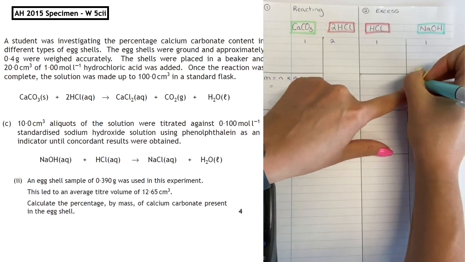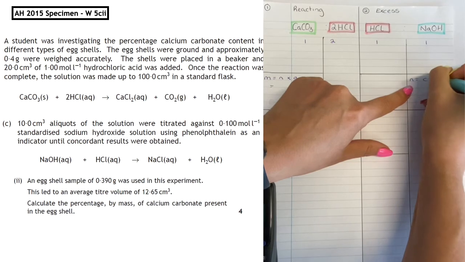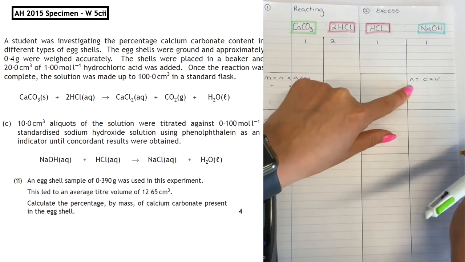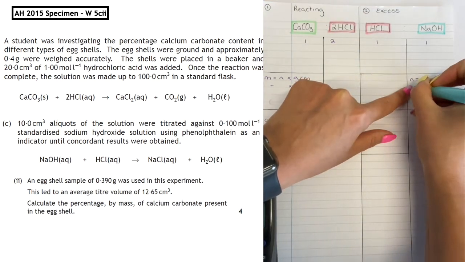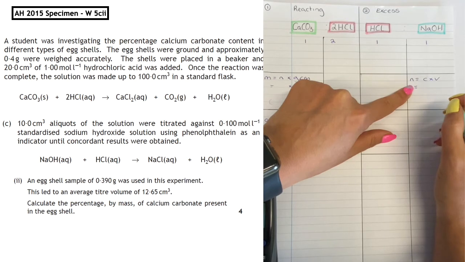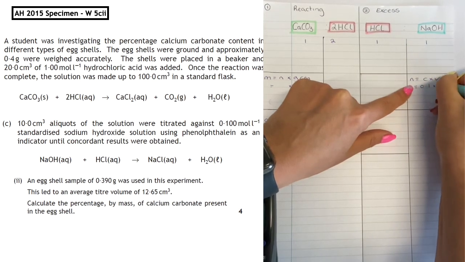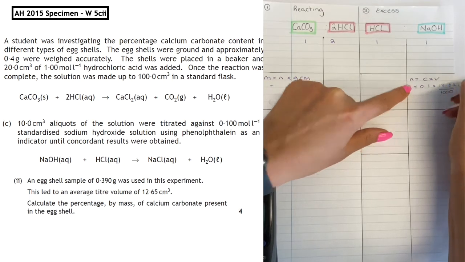Now, if you read the question backwards, we should be given information about the sodium hydroxide first. So what we can see is that we have been given an average titre volume of our sodium hydroxide as 12.65, and we have been given the concentration as 0.1. So we've got 0.1 times 12.65 divided by 1,000.